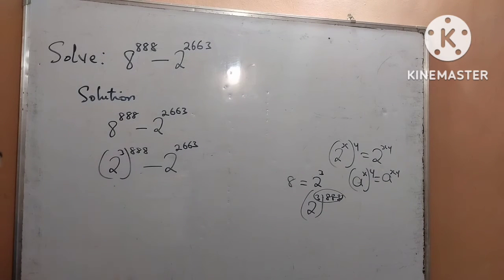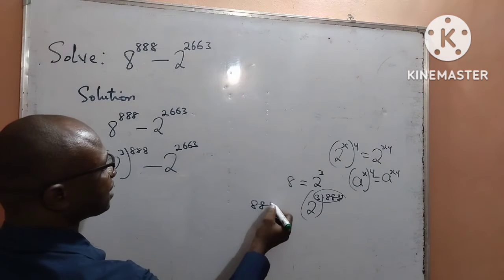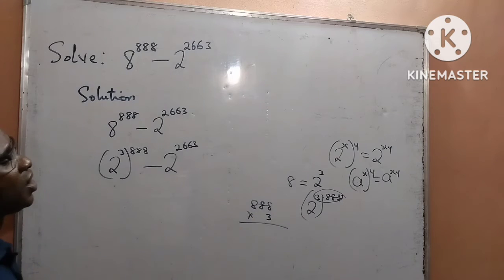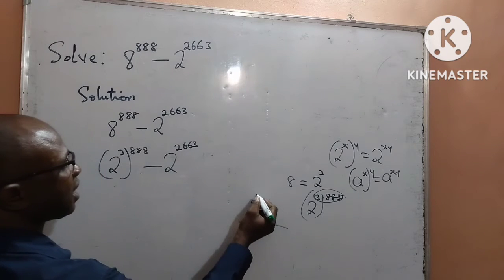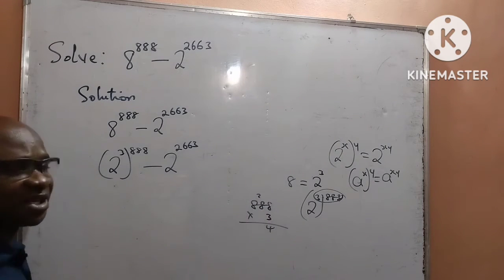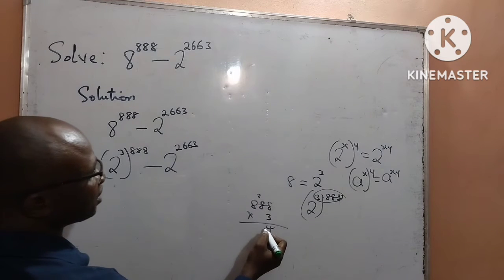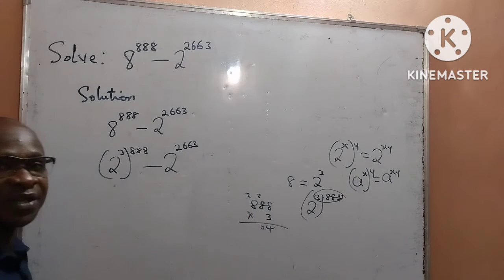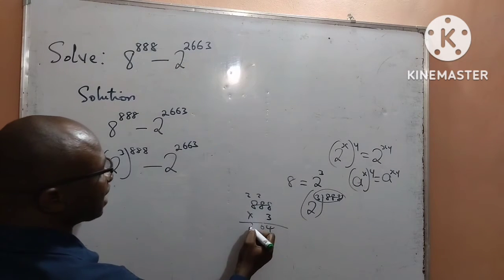So 3 will multiply by 888. And therefore, 888 multiplied by 3. 3 times 8 will give me 24. I move 2. 3 times 8 is 24 plus 2 is 26. I move 2 again. 3 times 8 is 24 plus 2, that is 26.